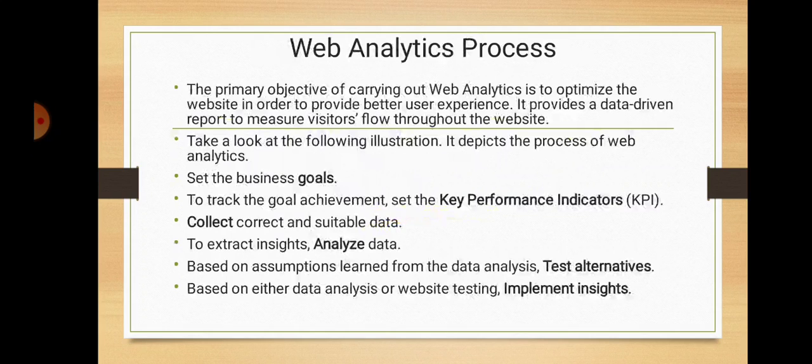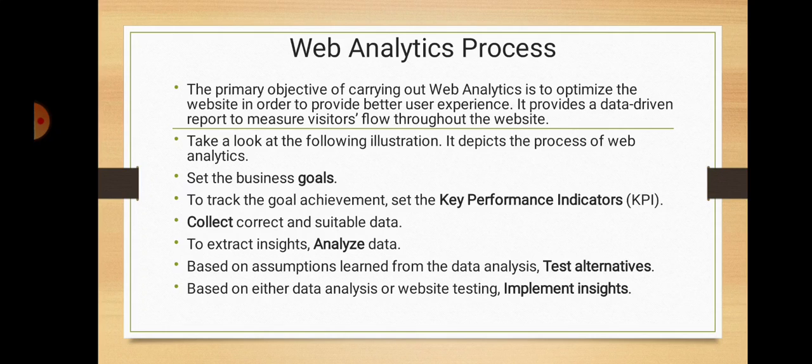Then web analytics process. The primary objective of carrying out web analytics is to optimize the website in order to provide better user experience. It provides a data-driven report to measure visitors' flow throughout the website. Take a look at the following illustration. It depicts the process of web analytics.